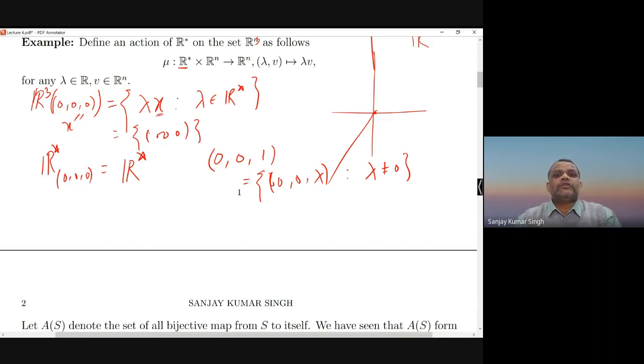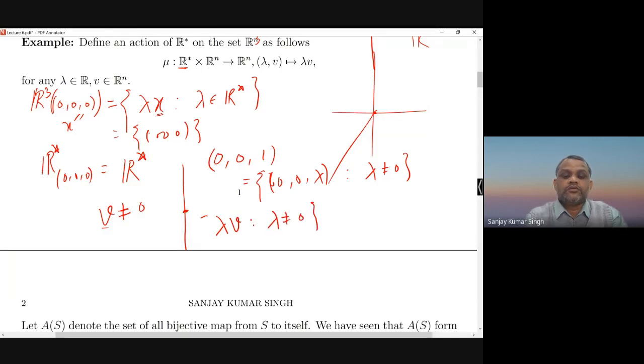And similarly, if you take any vector v which is not equal to 0, then the orbit of this will be the line passing through 0 containing this vector v, with 0 removed. So it means all vectors of the type lambda v such that lambda is not equal to 0. This is the orbit of this point P.